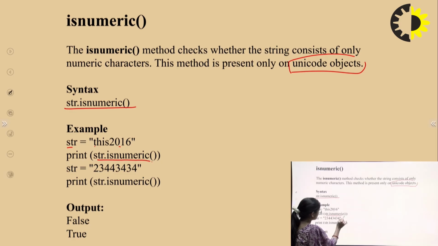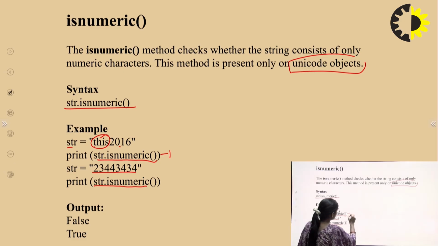String dot isnumeric, and this is the digit value, and string dot isnumeric. Which one is true and which one is false? Here the string can also contain alphabets, so the output is false, and here the output is true.